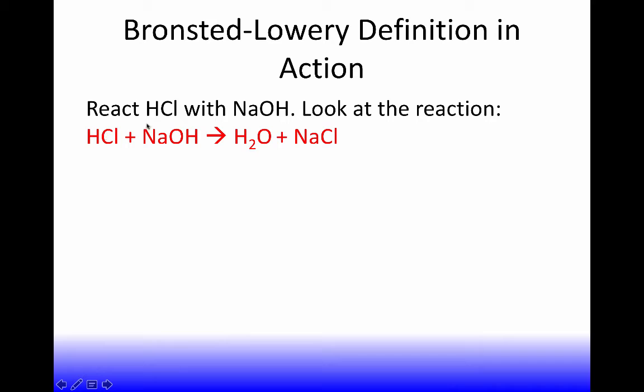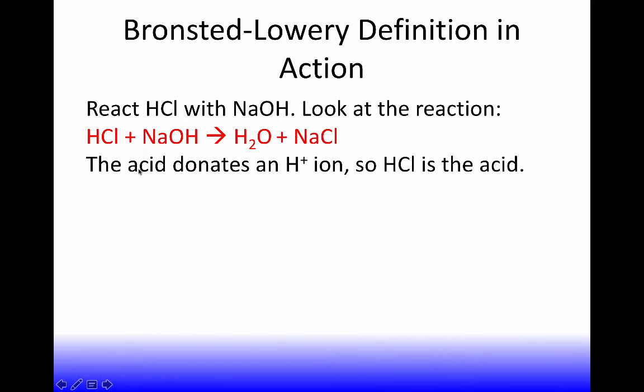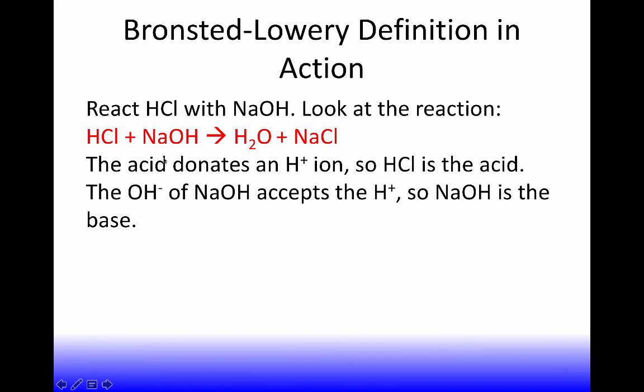It gives a hydrogen over here, because the OH and the H make water, and the Na and Cl make this salt. So the acid donates the H plus ion, so this has got to be the acid. The base accepts it. The OH of the NaOH accepts the hydrogen ion to form water, so sodium hydroxide must be the base.